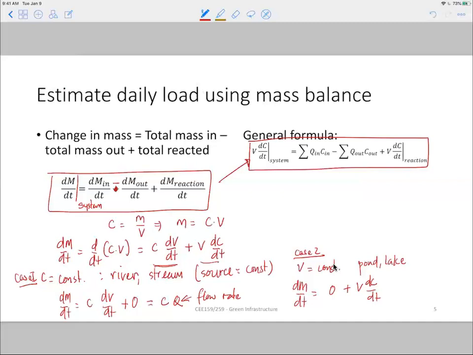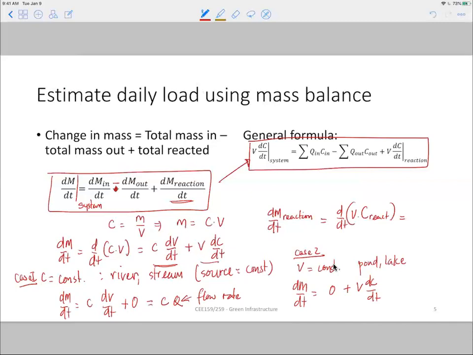And there is a third term here, which is a reaction term, dm over dt for reactions. We can write it the same way because it's reacting in a system with constant volume. We can write this as volume times dC by dt of reactions, and usually reaction happens in a closed system, so that's what we account for.